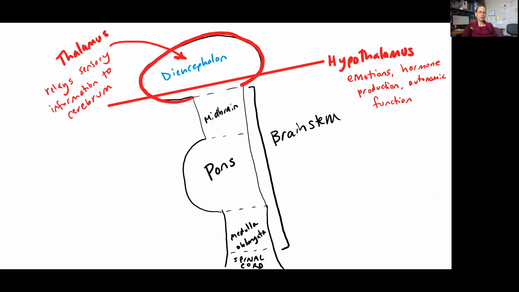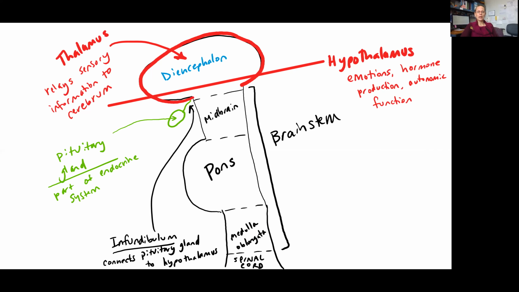The thalamus, really, we'll see it having the job of being a relay center for sensory information, directing it on to the processing center in the cerebrum. The hypothalamus and the thalamus are not the only structures in the diencephalon. We also see a gland called the pituitary gland.